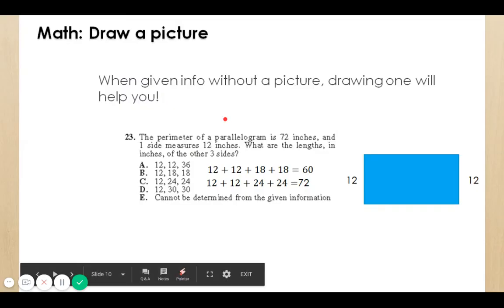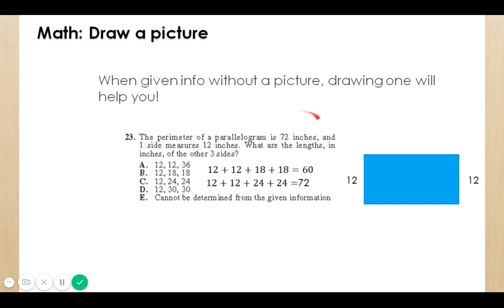All right, and I said to draw a picture. So here's what I mean by that. When you are given information without a picture, drawing one will help. So the perimeter of a parallelogram is 72 inches, and one side measures 12. So I drew a rectangle. One side measures 12, and on a rectangle, if one side measures 12, the other side has to measure 12.